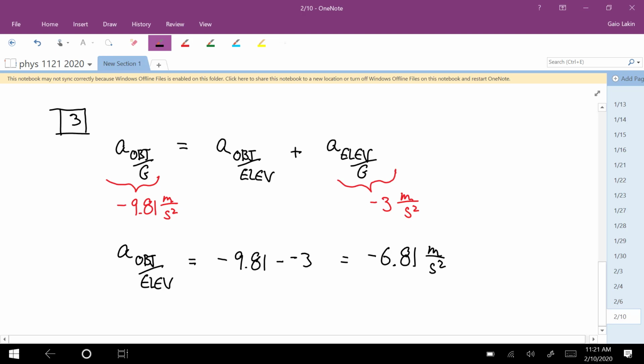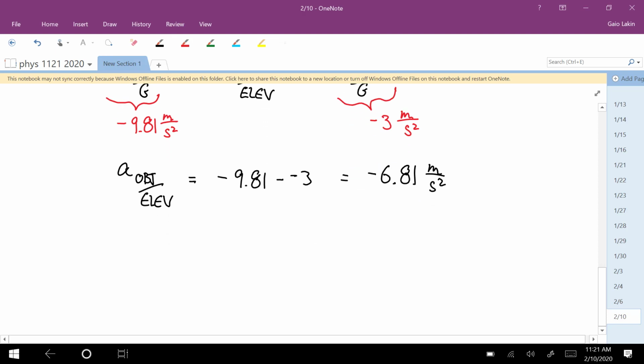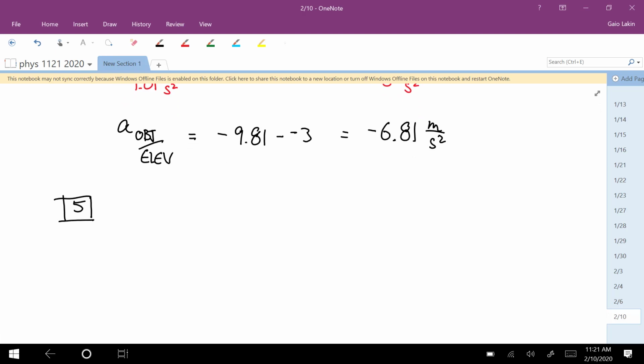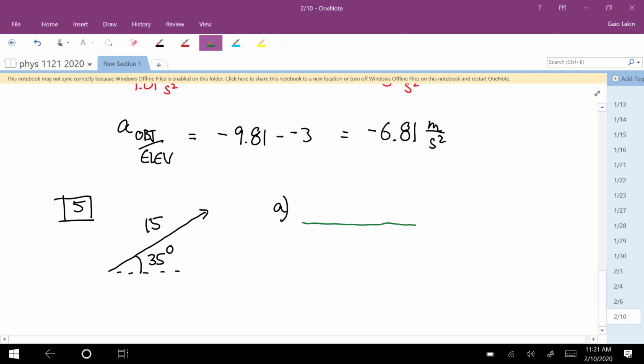And then the last one that a lot of people had problems with was number 5. You started out with this vector with a magnitude of 15 that made an angle of 35 degrees with the horizontal. And you were given 2 coordinate systems. The first one had positive x this way, positive y this way.